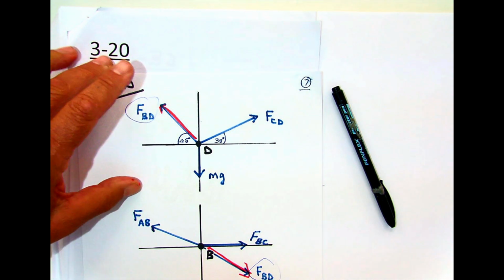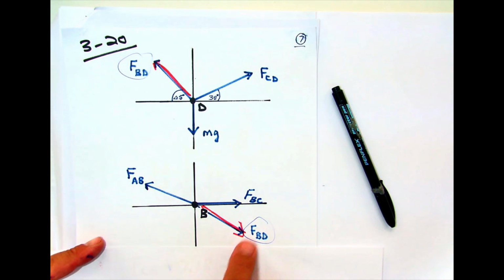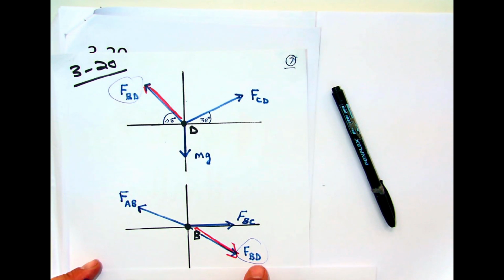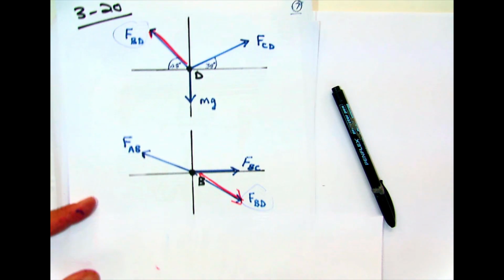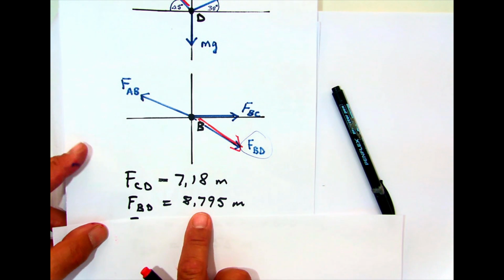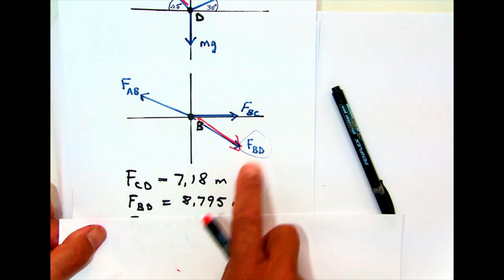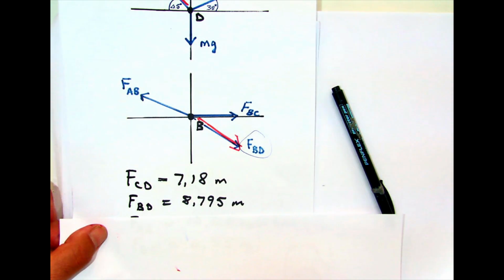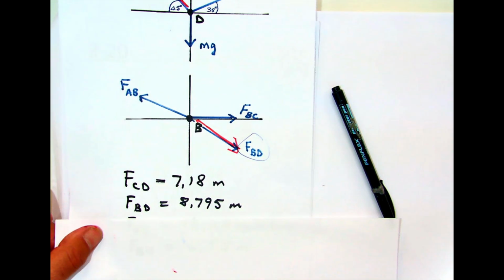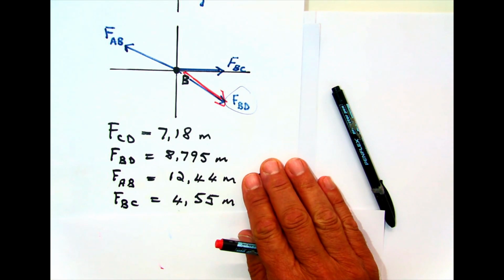And once again, you try and solve this, but you have three unknowns. Well, actually you have this one now. You have solved it in that section there, and you got FBD is 8,795m. So you use that with this, and you solve the others, and you get those two.